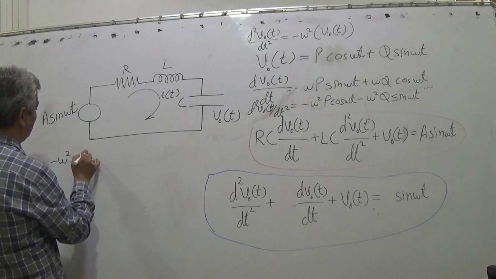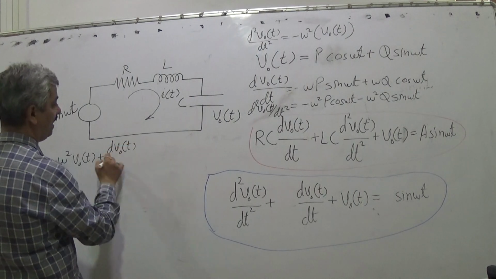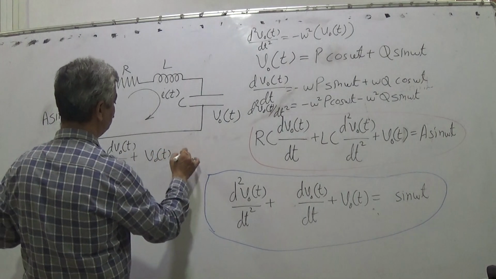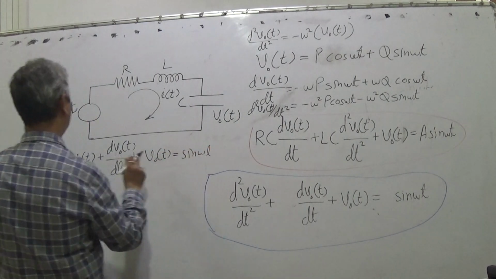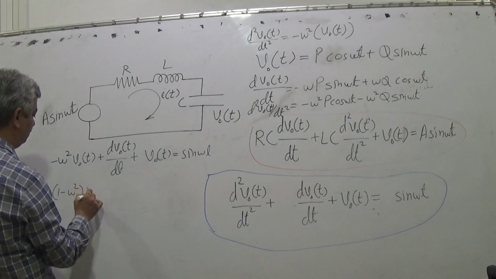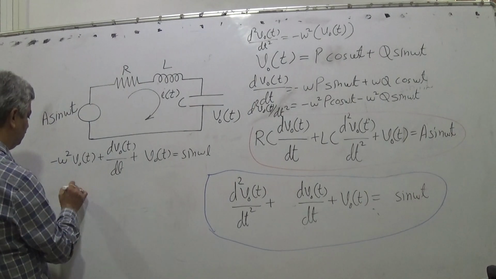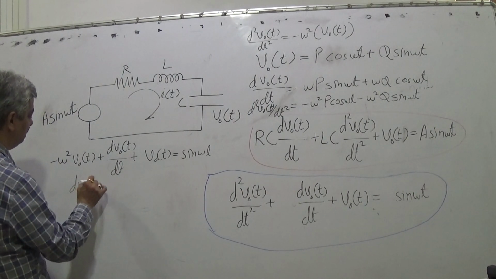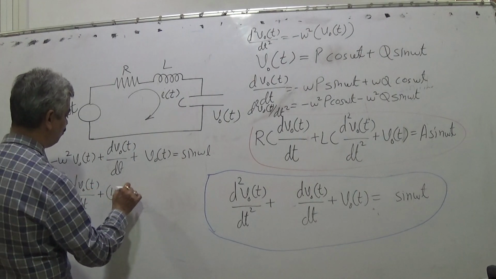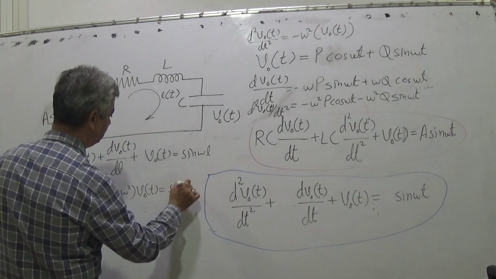Minus omega square VOT plus dVOT by dt plus VOT is equal to sin omega t. So I write 1 minus omega square, so I make it further simpler: dVOT upon dt plus 1 minus omega square VOT is sin omega t.